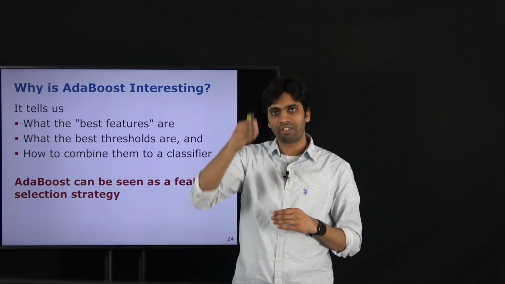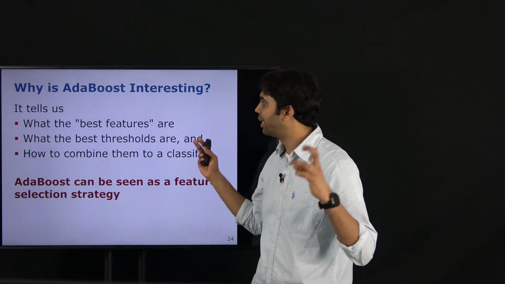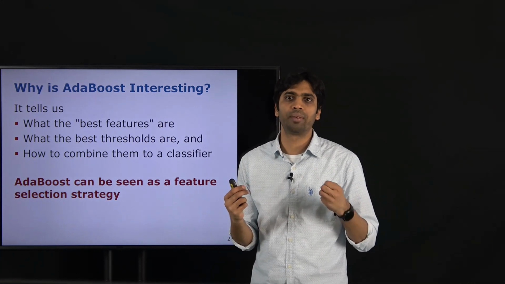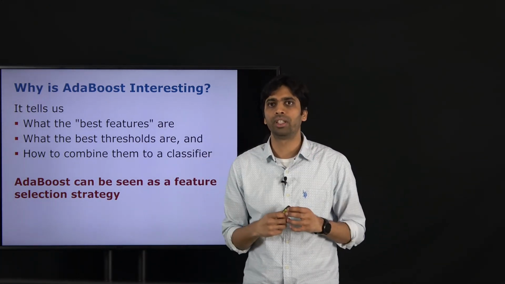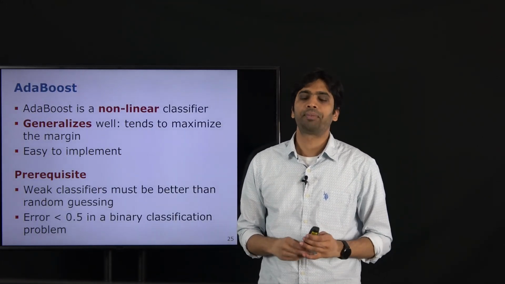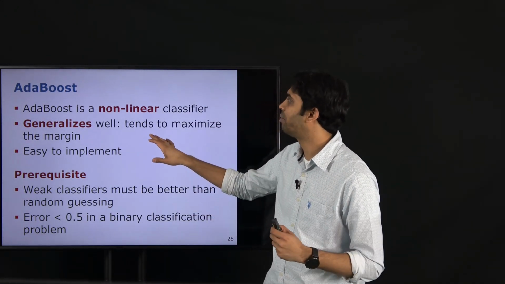But somebody has to say where you should choose that threshold, and AdaBoost provides some hints at least to figure them out. And in the end, it gives us a formula, so to say, to combine these individual decisions into a final decision.